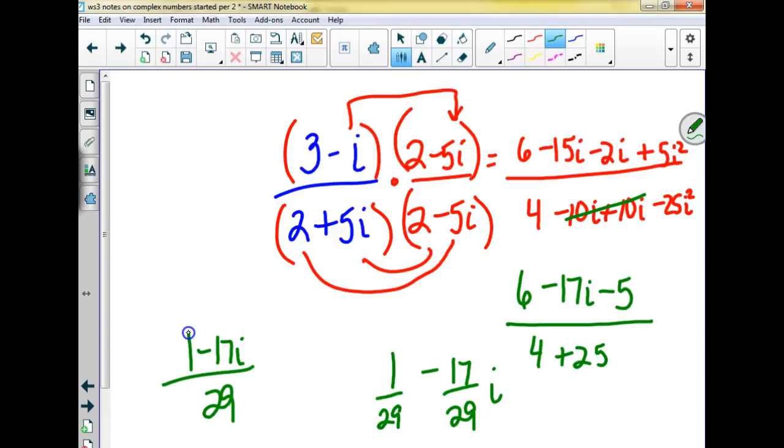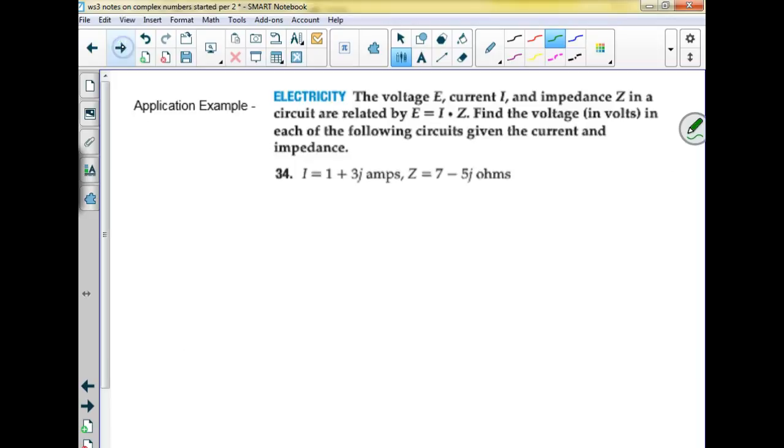All right. So one more thing. Everybody good? Oh, this one, it just says, here's an application. They actually use i's in electrical engineering and work with electricity, the theoretical part of it anyway.